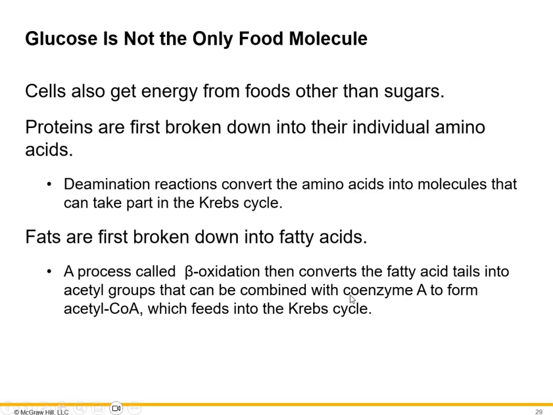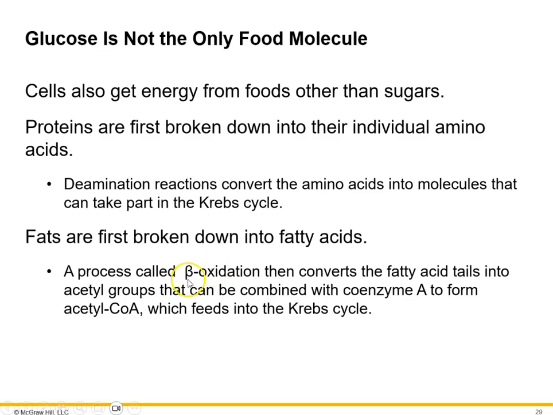But glucose isn't the only food molecule. We are also going to be getting energy from foods that are not just sugars. Proteins are first broken down into their individual amino acids. Deamination reactions are what convert the amino acids into molecules that can take part in the Krebs cycle. Also, fats are first broken down into fatty acids, which is a process called beta oxidation.